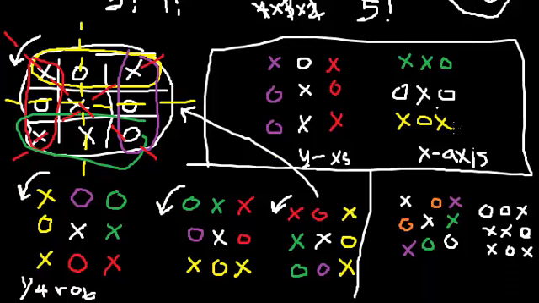So now we have 8 different distinct things just coming from one. That is what we call reflections and rotations. And all of this is under the math of group theory.